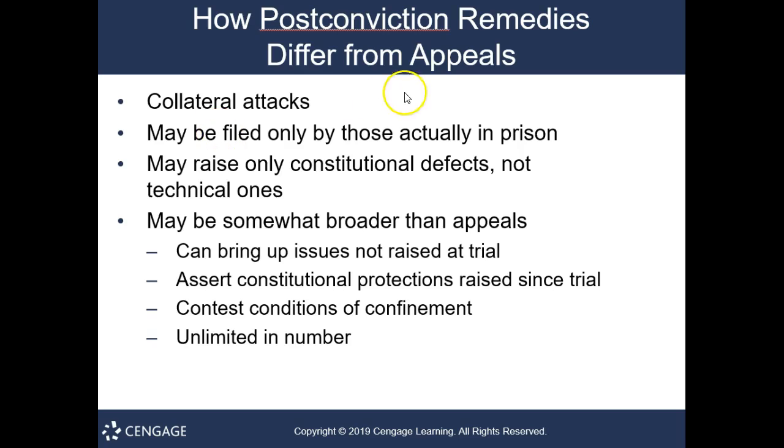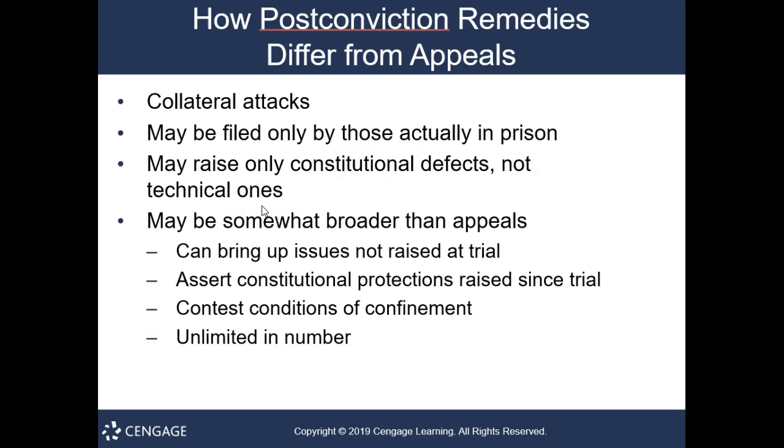All right, how post-conviction remedies differ from appeals. Of course, we have the collateral attacks that go on. We talked about that before. They may be filed only by those who are in prison. They may raise only constitutional defects and not technical ones.